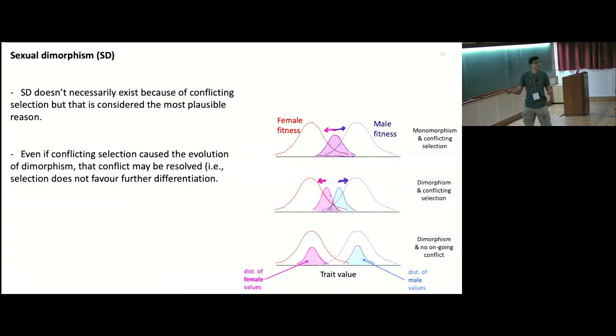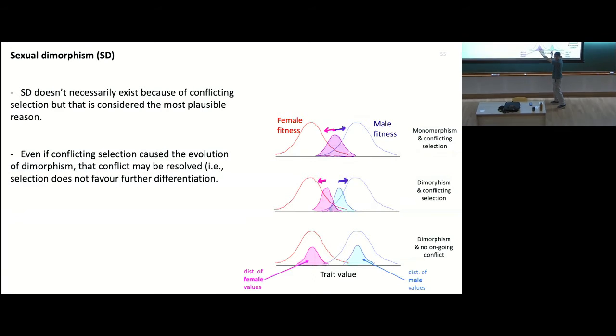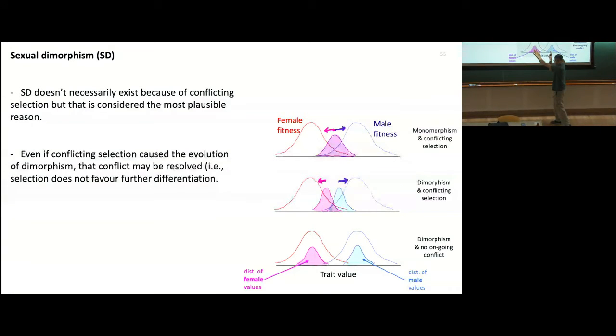But in reality, when we look at populations, we don't get to see those fitness landscapes. Those aren't readily apparent to us from observation. We can just observe the distributions. And so when we observe a distribution, we don't know if it represents a partial resolution where there's still selection trying to pull it further apart, or whether it represents this state of resolved conflict. Okay.